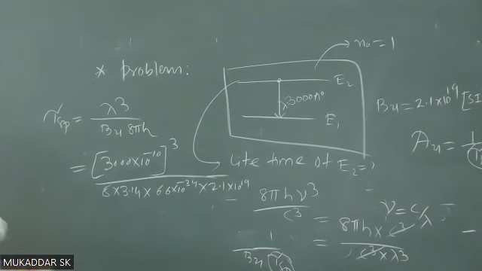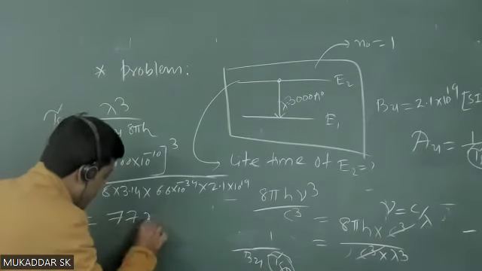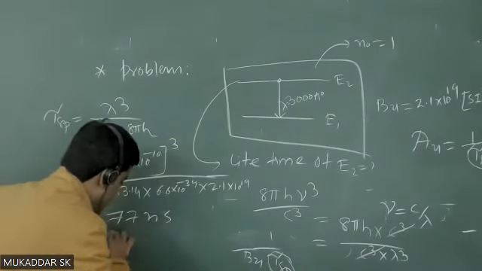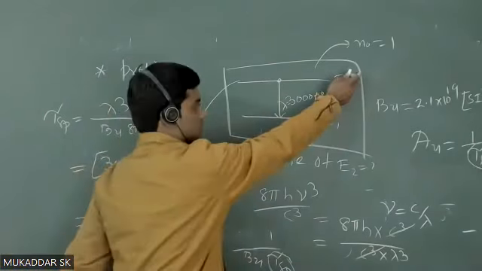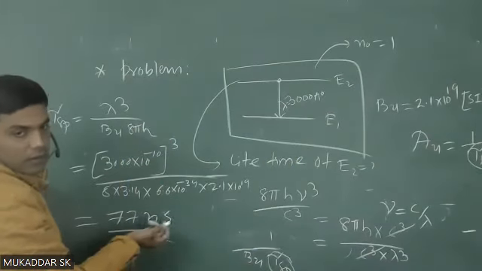If you solve this equation, it's very simple mathematics. Basically, we'll get 77 nanosecond. So the lifetime of this level E2 will be only 77 nanosecond.